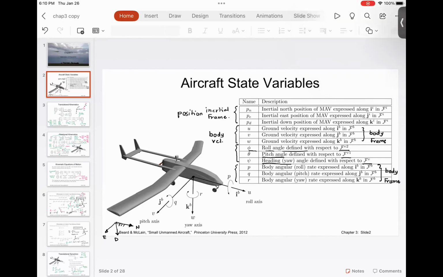In the last class, we talked about these 12 variables, and these 12 variables comprise inertial positions, body velocities, body angular velocities, and then the roll, pitch, and yaw.